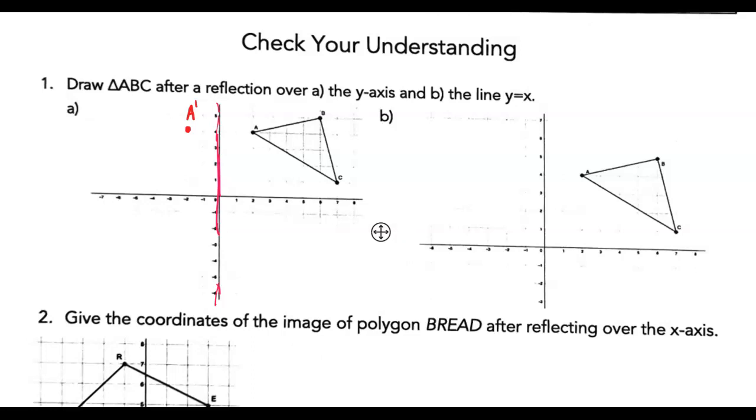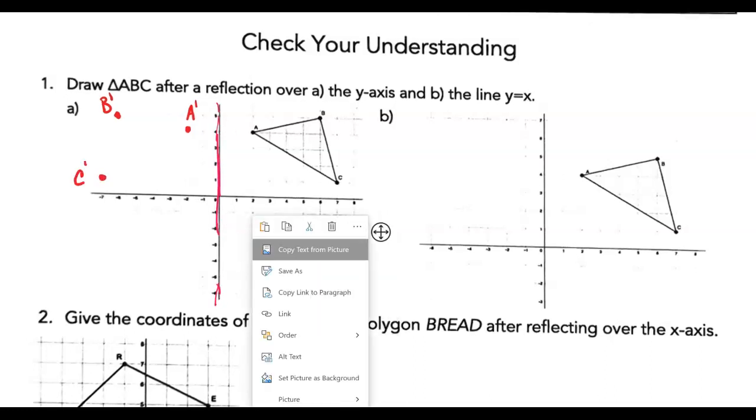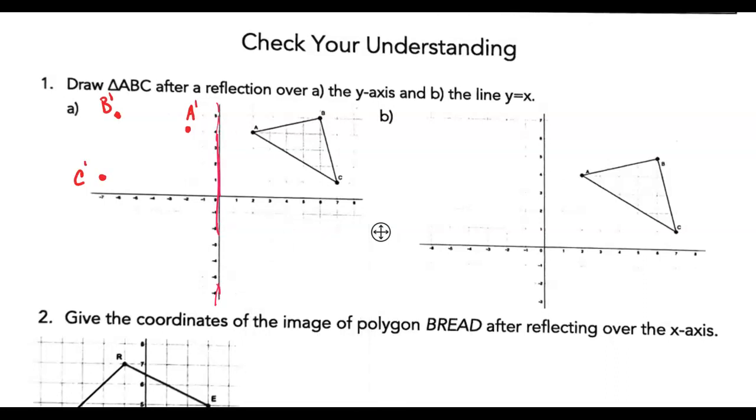That's going to be B prime. And then C is 7 units to the right, so now we're going to move 7 units to the left. And there's C prime, and we'll connect. And there's our new reflected triangle, so we reflected it over the y-axis.